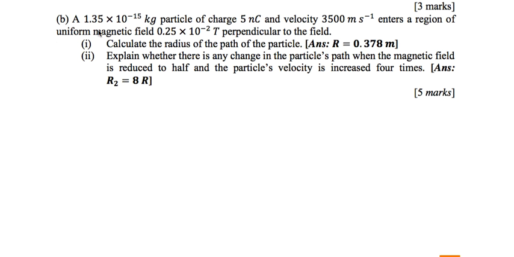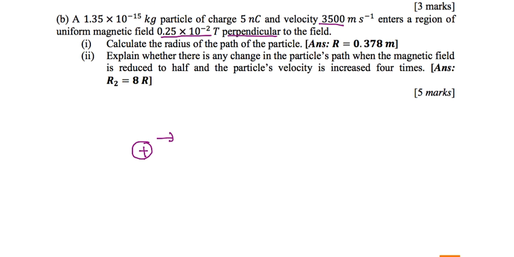The next question, B: a 1.35 times 10 to the power of minus 15 kilogram particle of charge 5 nanocoulomb and velocity 3,500 meter per second enters a region of uniform magnetic field 0.25 times 10 to the power of minus 2 Tesla, perpendicular to the field. Let's say this is a test particle with mass 1.35 times 10 to the power of minus 15 kilogram entering the region.